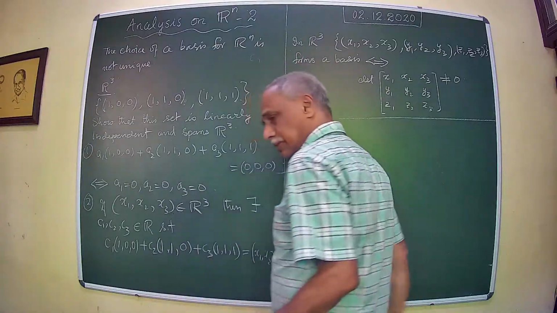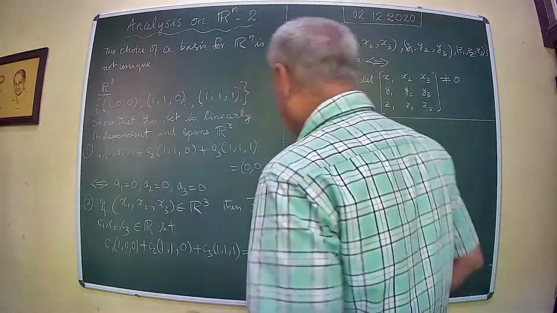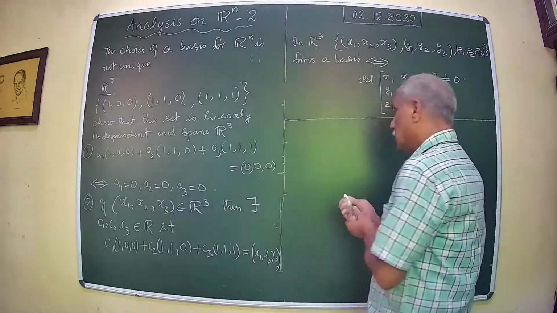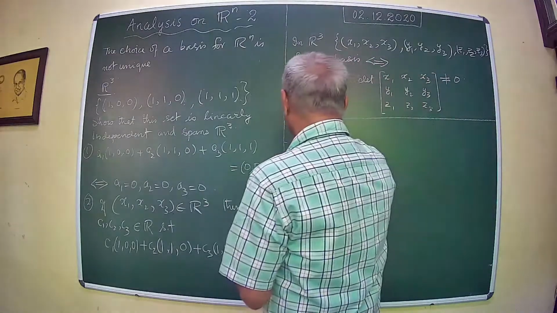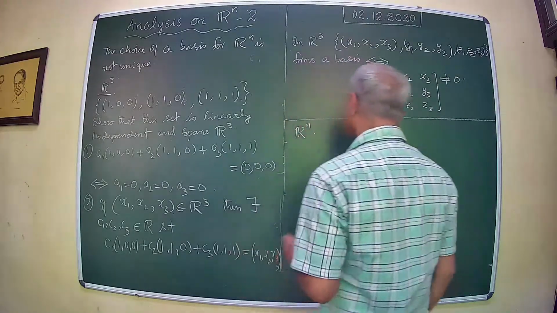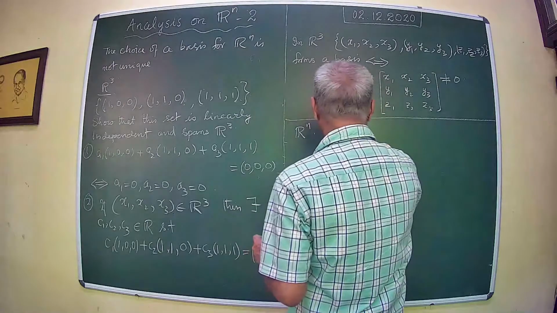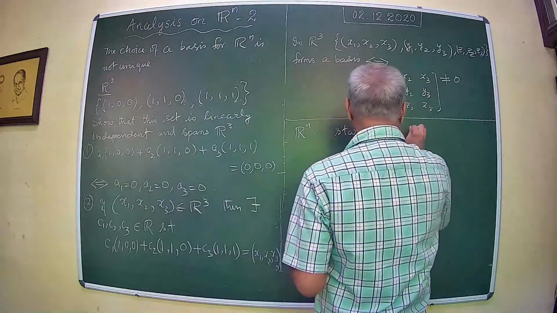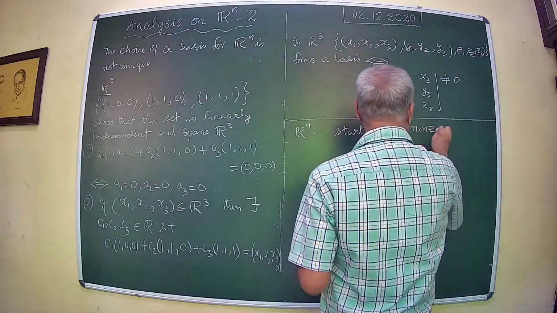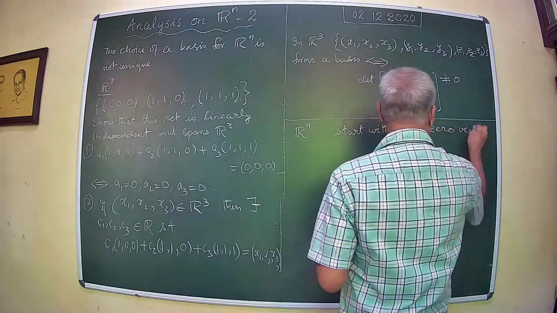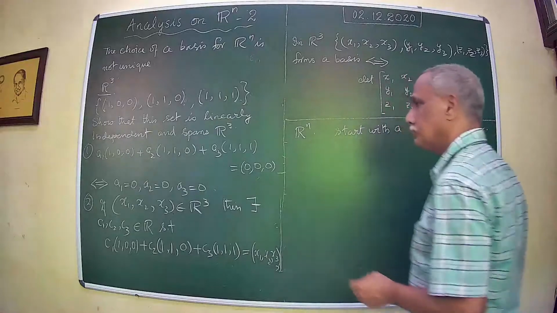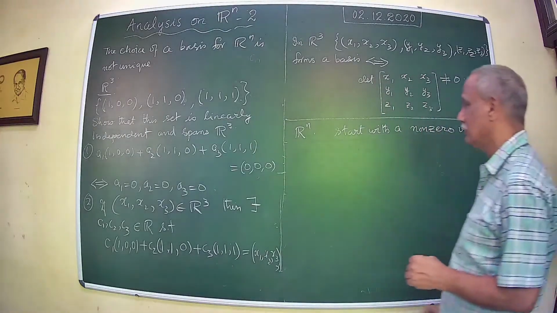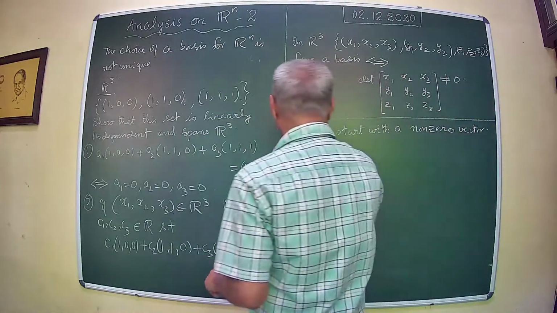Okay. Now let us start working on this idea. So in Rn, what you do is start with a non-zero vector, say x1.